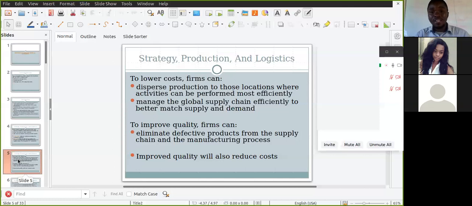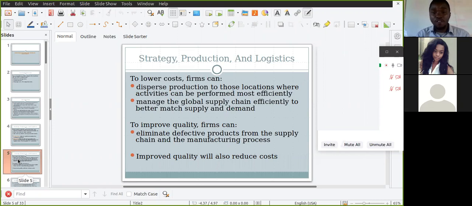They can also manage the global supply chain efficiently to better match supply and demand. How are you going to manage the global supply chain efficiently? You are going to look at factors like communication, transparency, and time management. These are some of the things that you're going to look at if you want to make sure that your costs are lowered and efficiency is met.